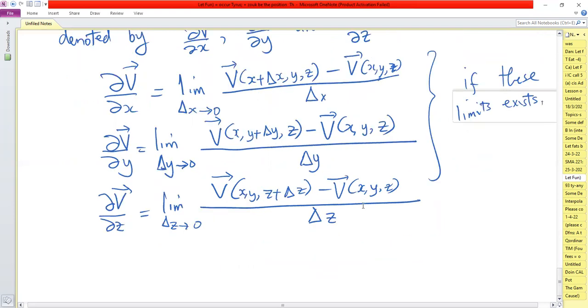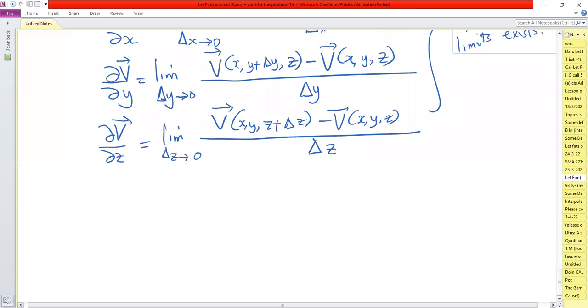We can always define higher order partial derivatives.